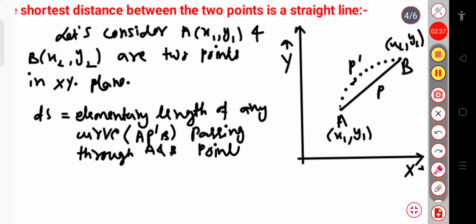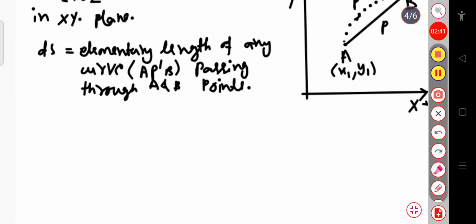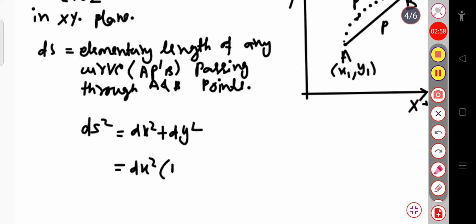Okay, so now we can write this ds distance. Suppose for any path, ds square can be written, as we know, as dx square plus dy square. Now if I take the dx square term common, then this will be 1 plus dy by dx whole squared.